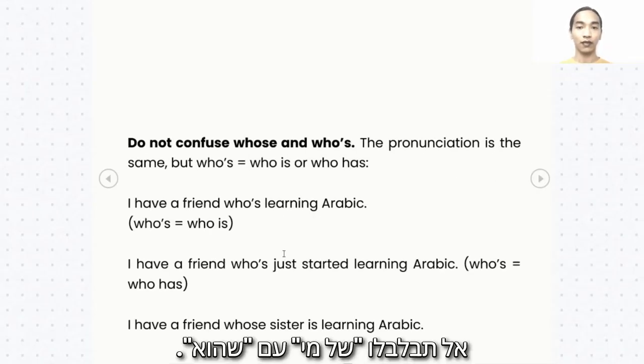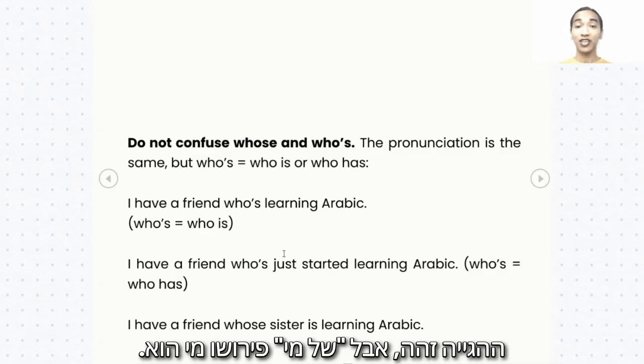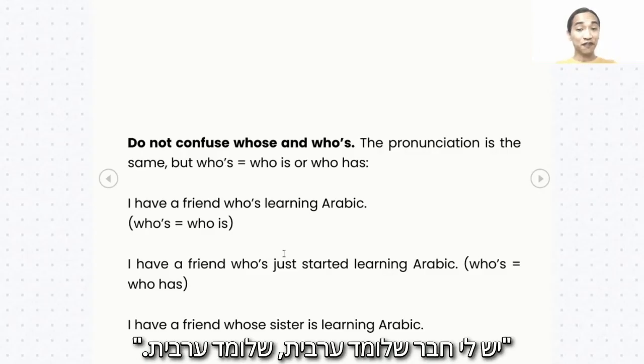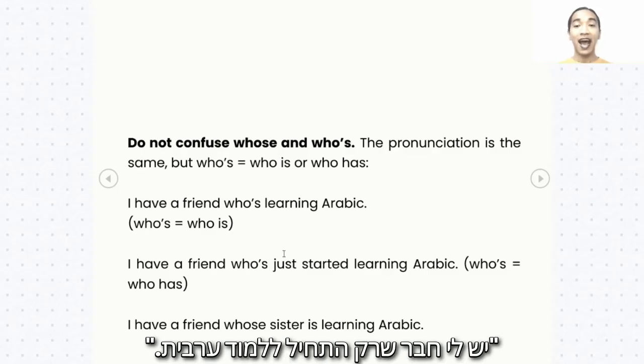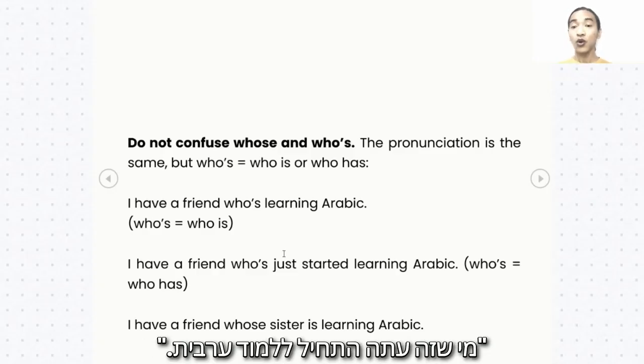Next one. Do not confuse whose with who's. The pronunciation is the same, but who's means who is. I have a friend who's learning Arabic. Who is learning Arabic? I have a friend who's just started learning Arabic. Who has just started learning Arabic?